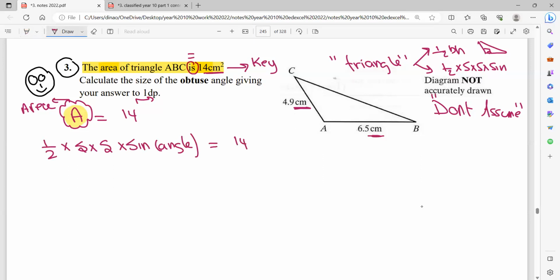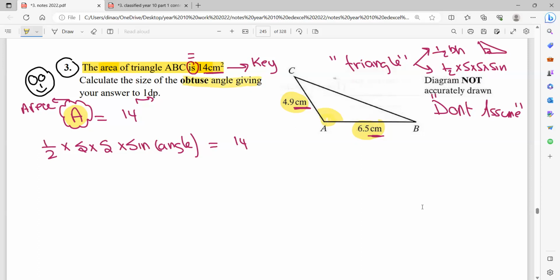Do I have the given sides in this triangle? Yes, I do. These two. Do I have the angle in between? No. I don't have the angle in between. But let's read the rest of the question. The question said, calculate the size of the obtuse angle, giving your answer to one decimal place.